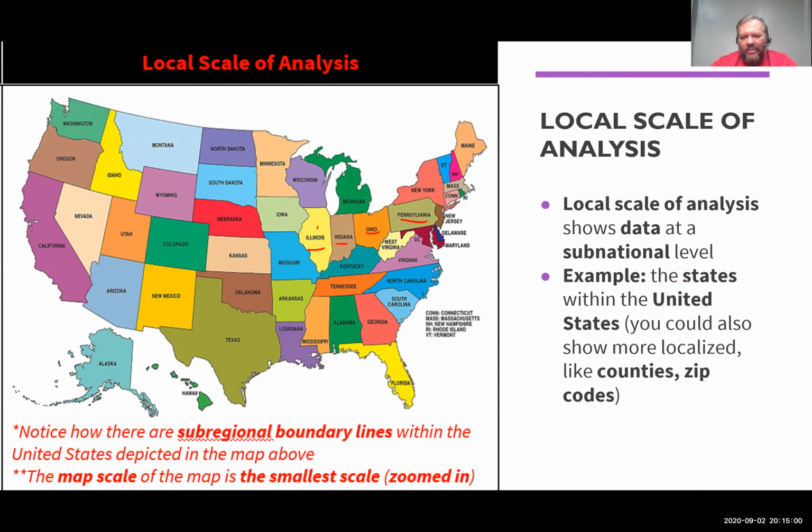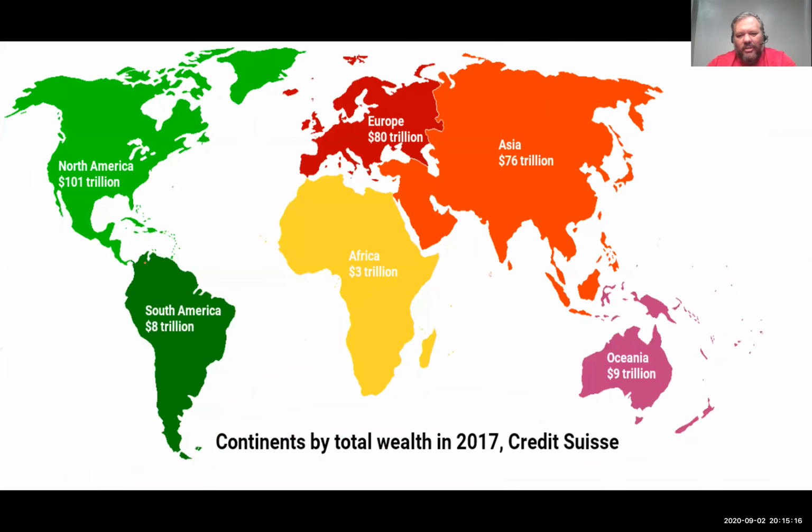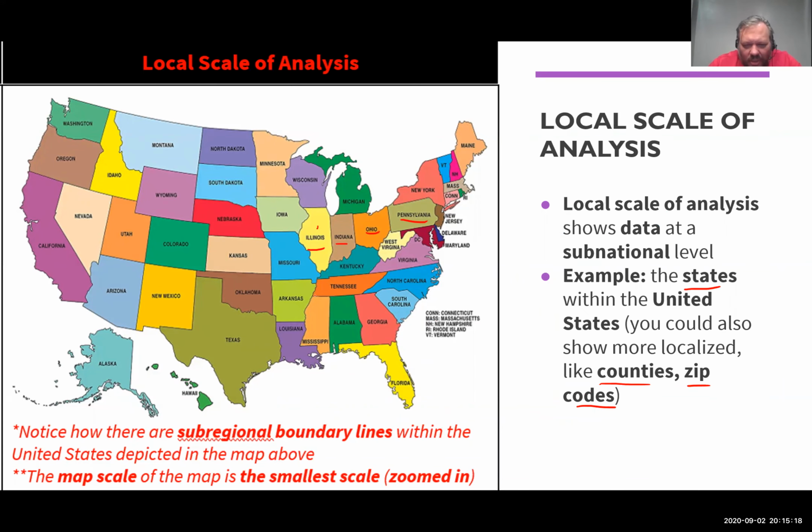Again, this could be states, counties, or zip codes, however much smaller you wanted to break that information down, besides just looking at the country as a whole, that would be local. So again, we could compare Arizona and New Mexico here. That would be an example of a local scale. And again, we could break this down into counties.